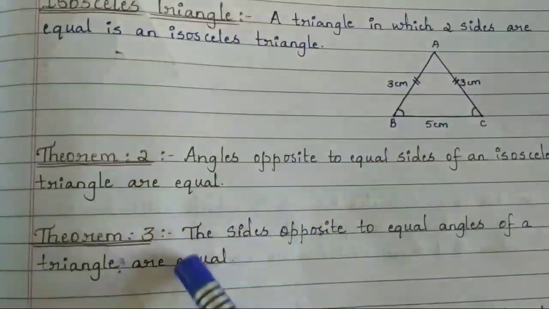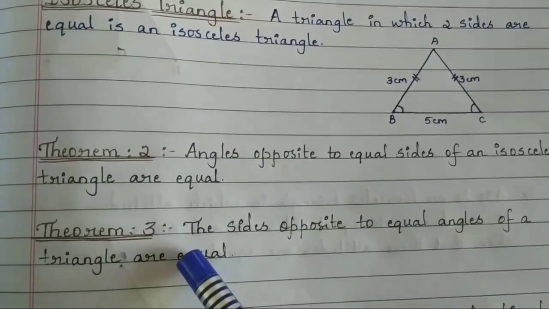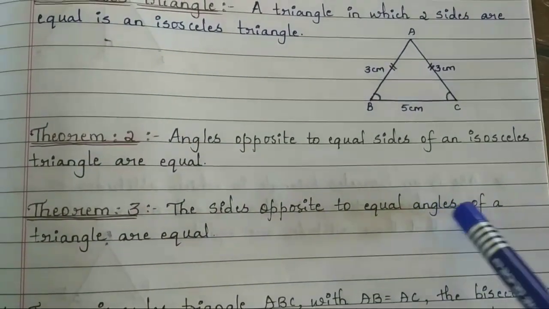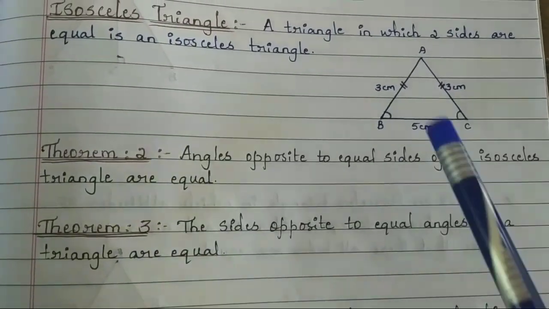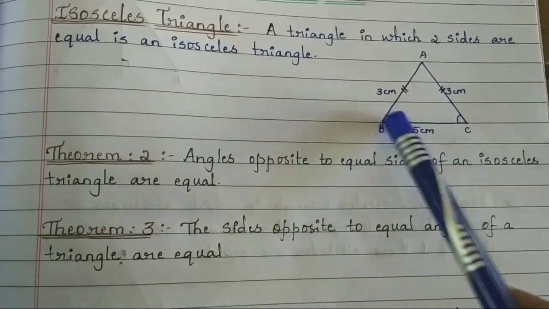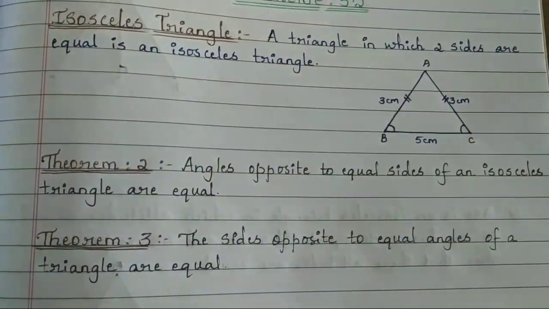Similarly, one more theorem says the reverse of this theorem, that is, the sides opposite to equal angles of a triangle are equal. If these two angles are equal, then the opposite sides are also equal.